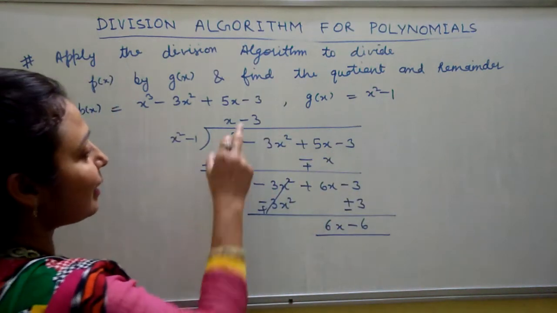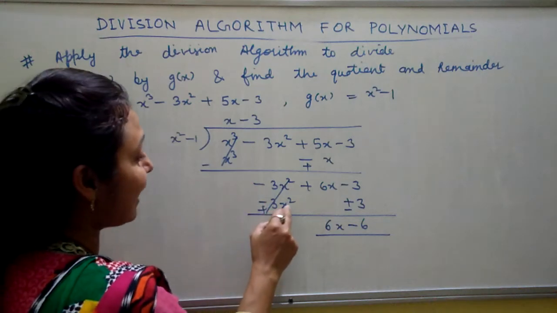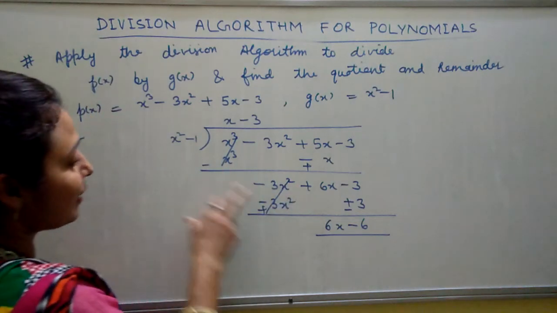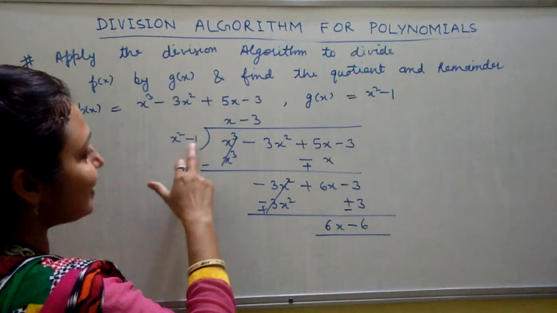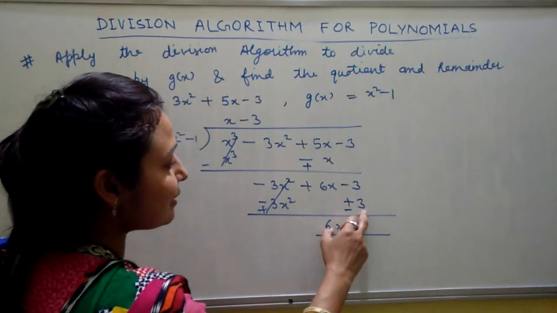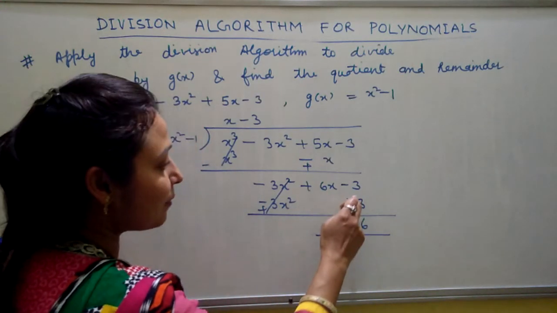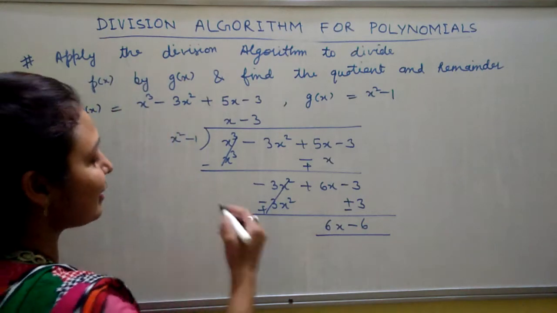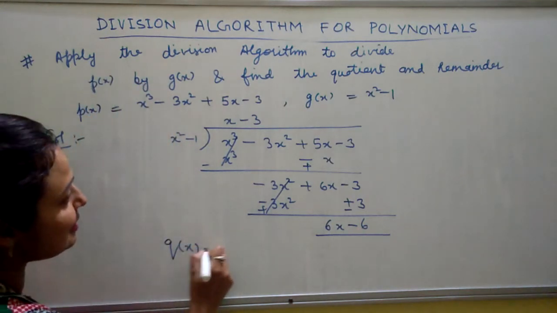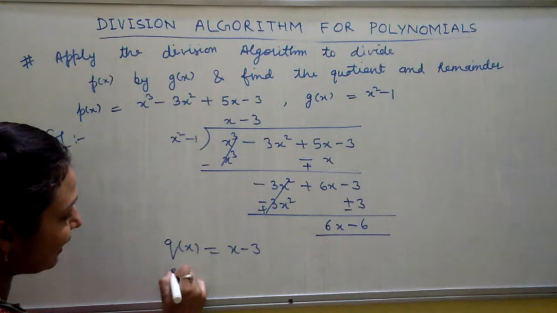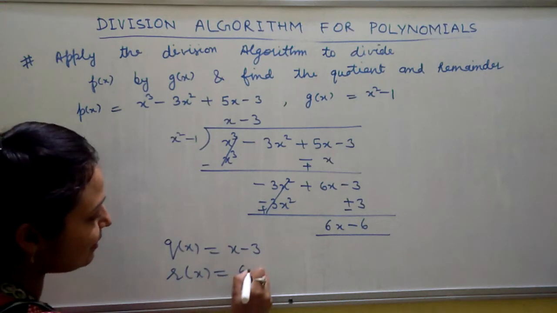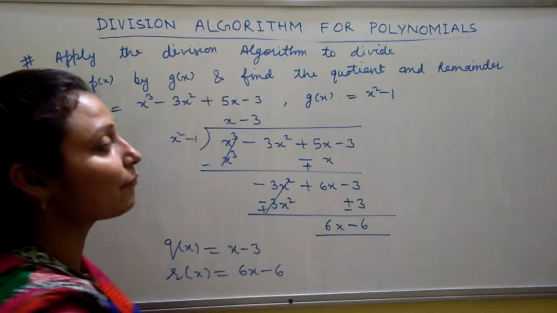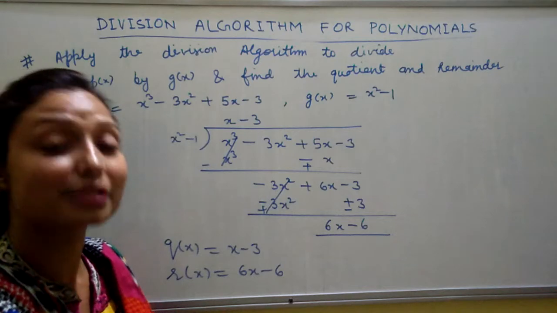When we multiply with minus 3, we have minus 3x square, which becomes plus 3 after the sign change. 6 comes down, 3 and 3, 6, so minus 6. So this is the remainder. Now the quotient Q(x) is x minus 3 and R(x) is 6x minus 6. So this is the way to divide by using the division algorithm.